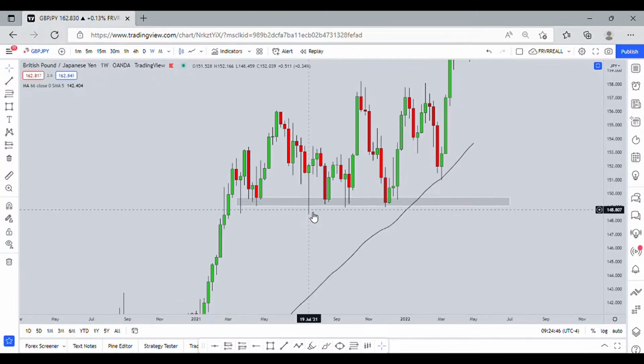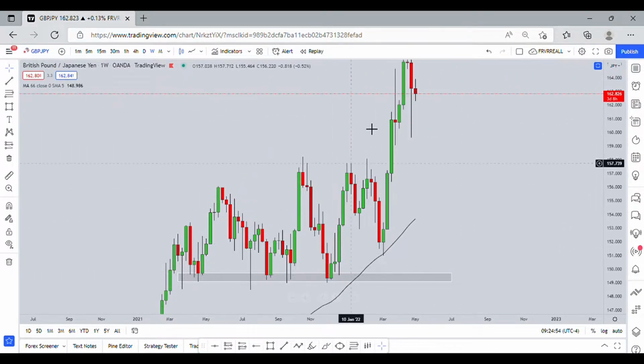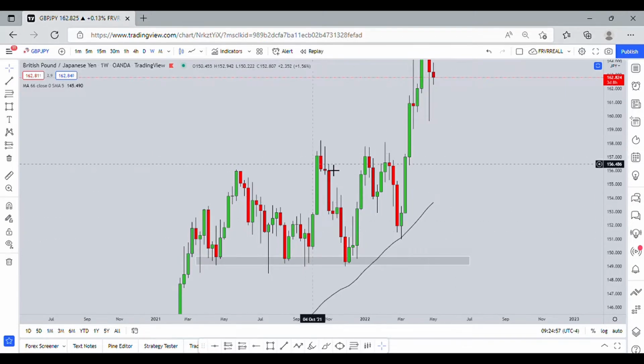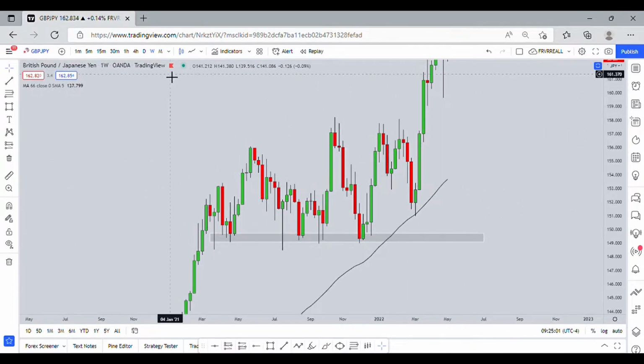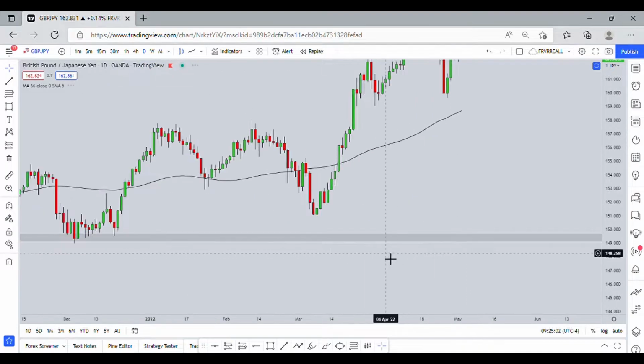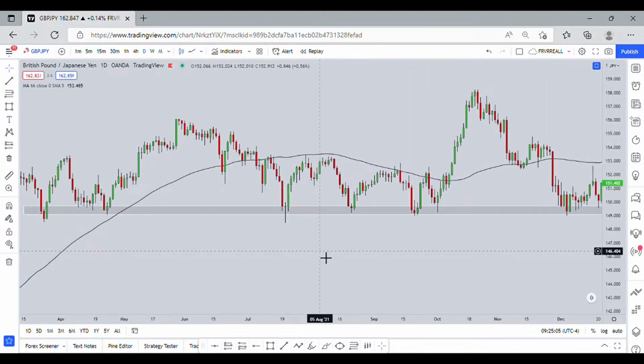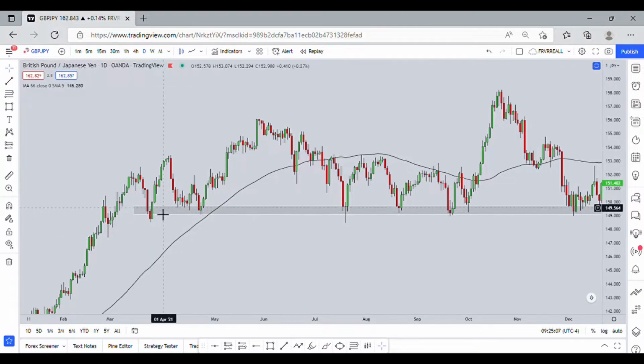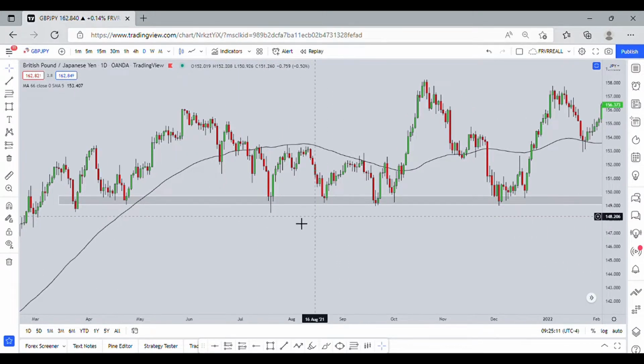Price comes back here, spikes up, comes back here, spikes up, comes back here, spikes up, and then finally pushes way higher to break above the previous supply. And if you drop to the daily time frame, you see that also here there are so many opportunities to take advantage of, and that price simply does the same thing over and over again.